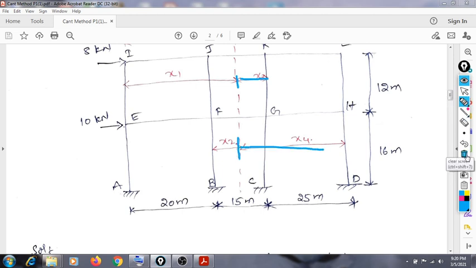This is what you have to observe, and these are done by simple mathematical calculations.